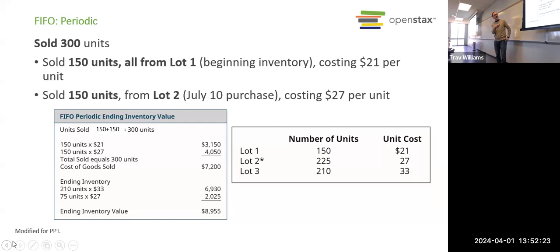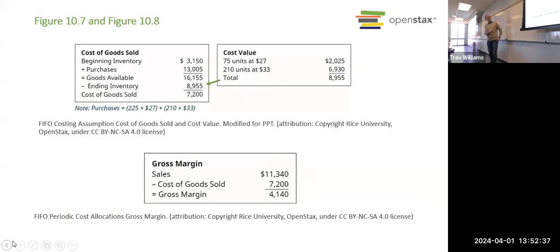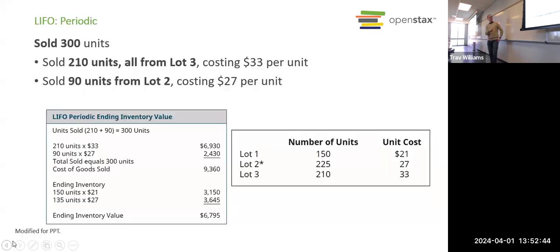So we took 150 units at $21 each, 150 at $27. That's another way to get your cost of goods sold. So this is FIFO. Again, you can take your cost of goods sold out of your sales, you get your gross profit margin. That's really what this whole thing is about, right? Companies trying to figure out how profitable it is.